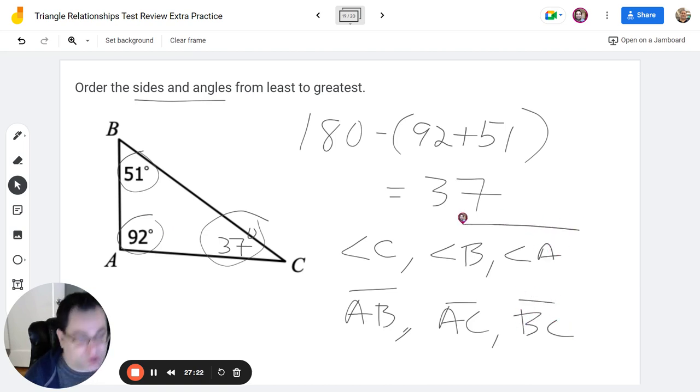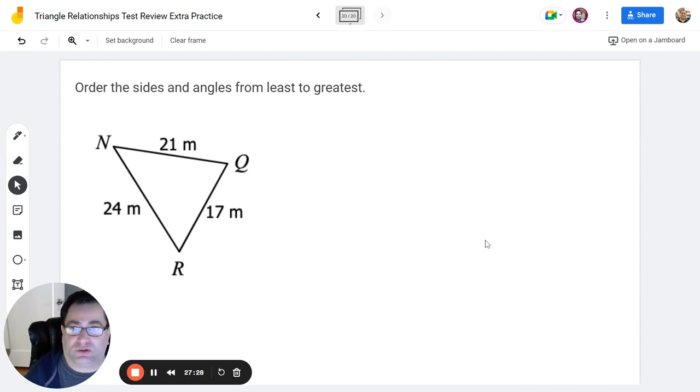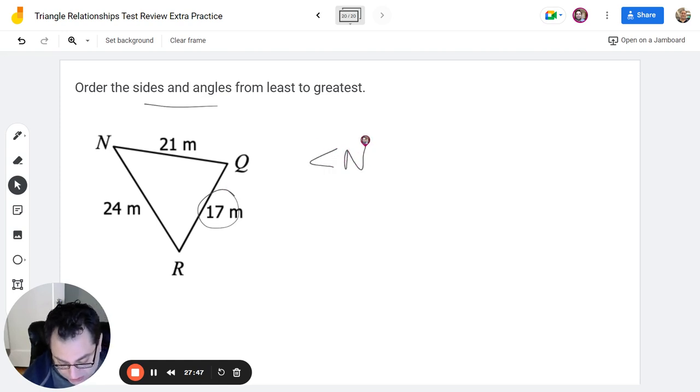So down to our last question on the review, number 20. What are the sides and angles, once again, from least to greatest? Same drill as the last two questions, only this time we're given the sides, but it works exactly the same. Let's start with the least, 17. Working backwards, we know it's going to be angle N. What are the two letters not associated with letter N?